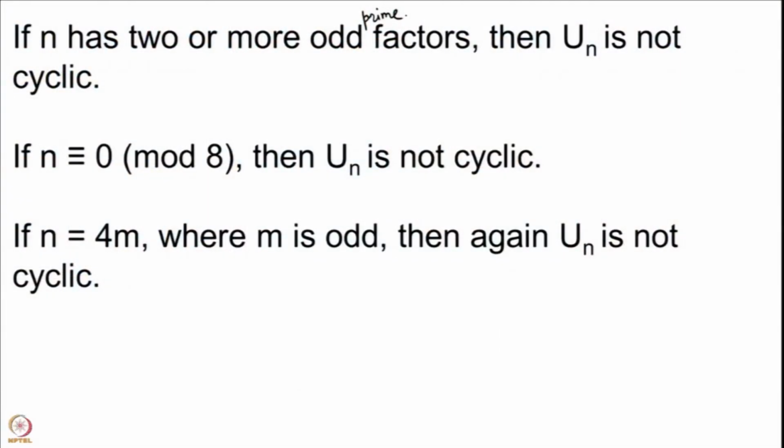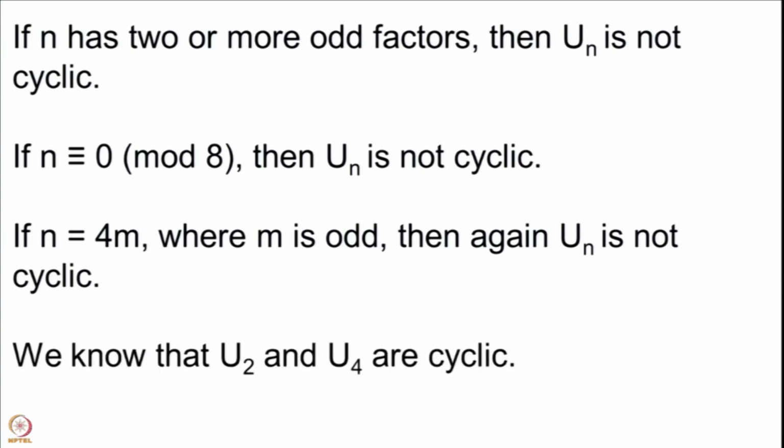And the final thing that we have to now notice is where 2 is the only factor, or you have that n is equal to 4, because when you are looking at n is 4m, m is odd, we are going to take m to be strictly bigger than 1. This is the case when Un is not cyclic, and so the final thing is where we have U2 and U4.